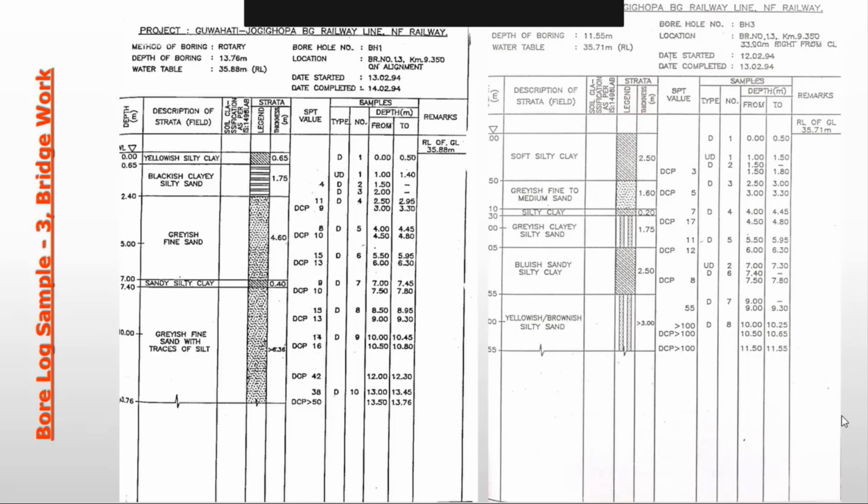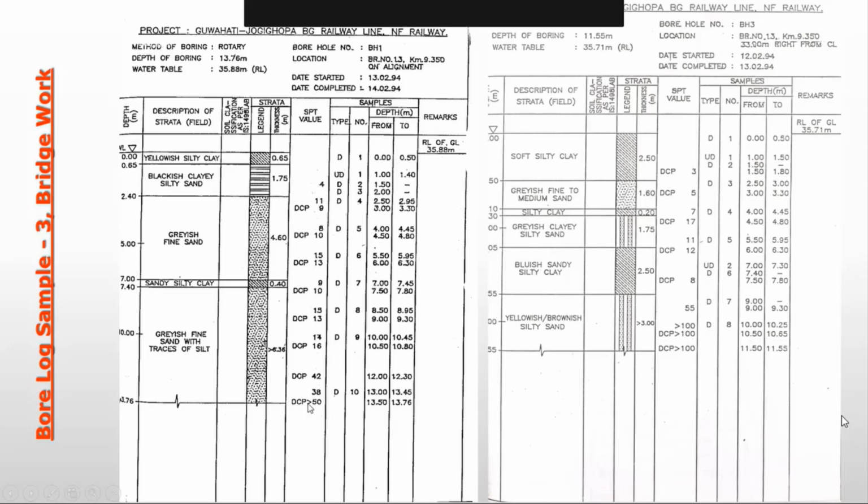So as the DCP has started giving problems, for the 300 from 13.5 to 13.76, it could not go to 13.8. And the number of blows required was more than 50. So it is considered a refusal. So this value 50 will not be converted into the SPT value. Therefore, this DCP is not reliable, and there is a very large difference between 38 and 50.